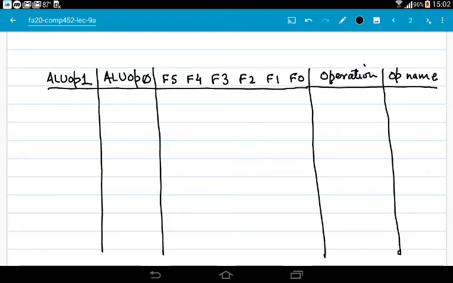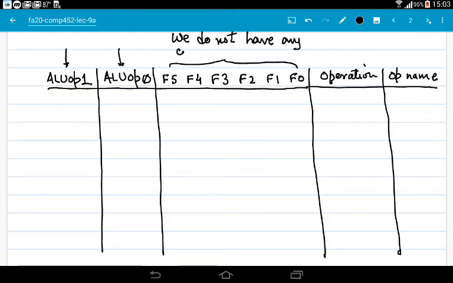So now we have to decide on the values of these two input lines. These 6 lines, we do not have any control over these lines. Who controls these lines?